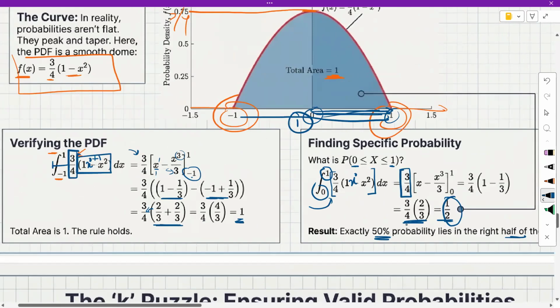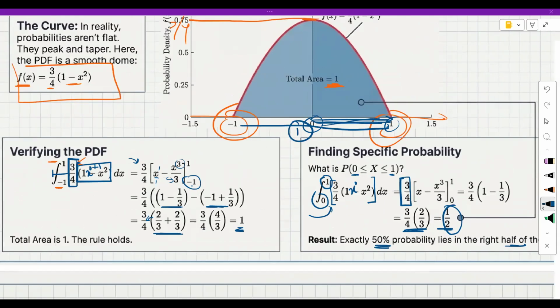Now we use the calculator to prove it. We change the lower value to 0, and you see 1/2.